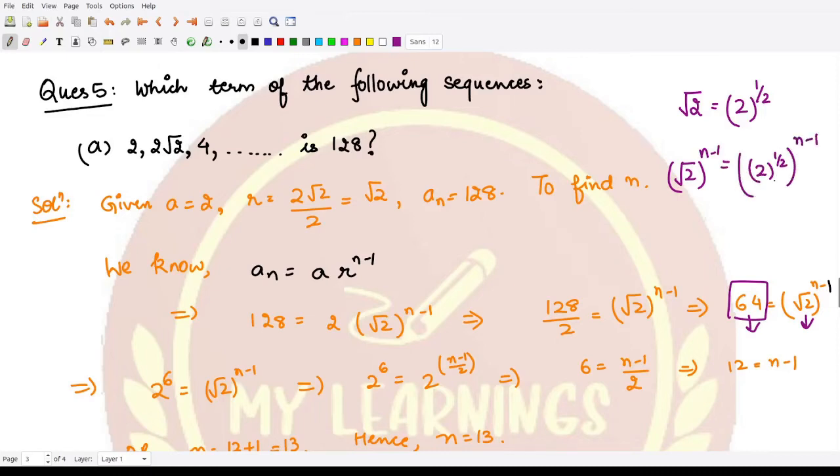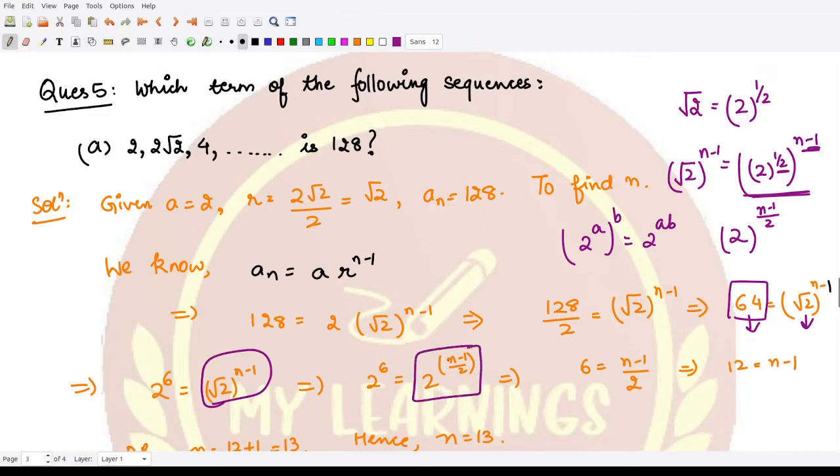Now there are two powers, 2 raised to power a raised to power b is equal to 2 raised to power ab. So we can use this thing over here. It would be 2 raised to power n minus 1 into 1 by 2, which is divided by 2. So that is why I have written this square root 2 raised to power n minus 1 as 2 raised to power n minus 1 by 2.